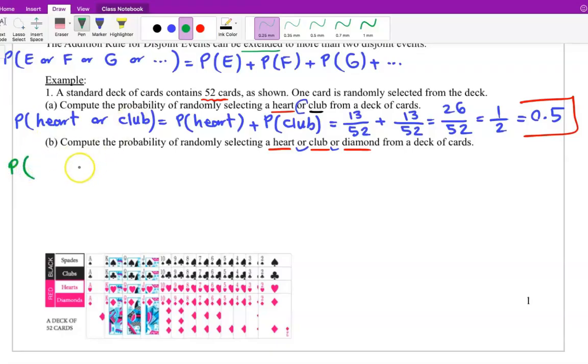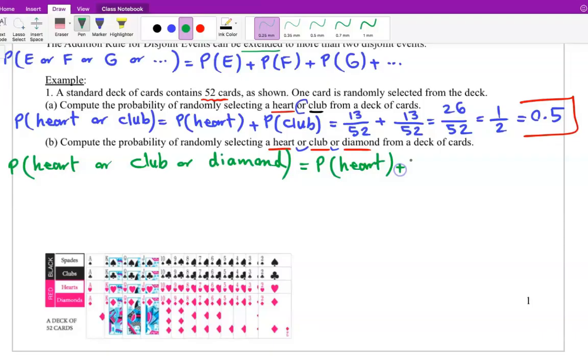Exactly the same as the previous part, but now instead of having 2, we have 3. So that is equal to finding each one individually and adding them.